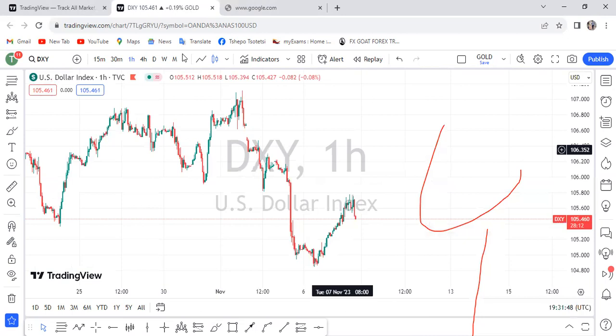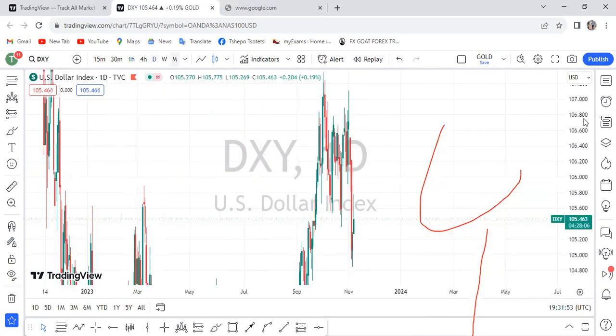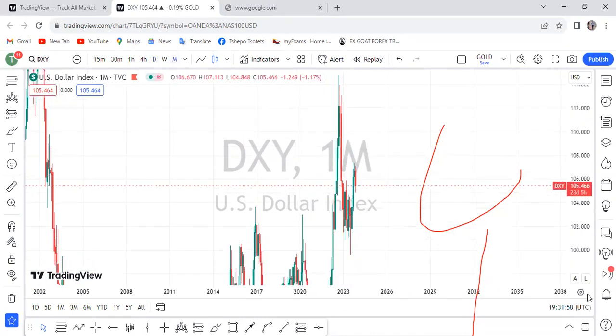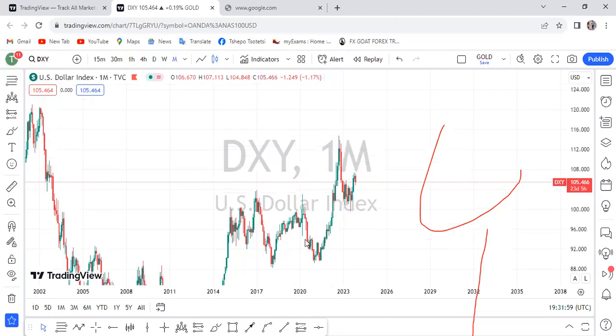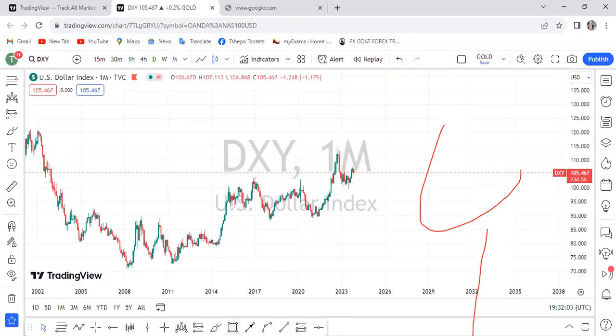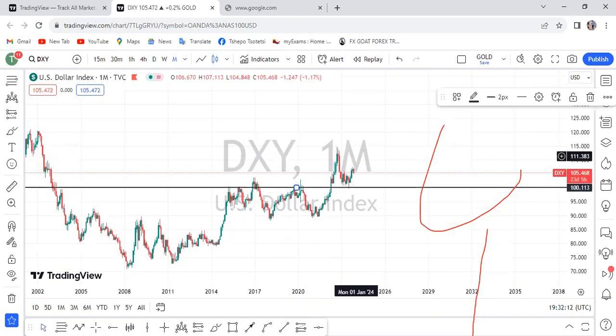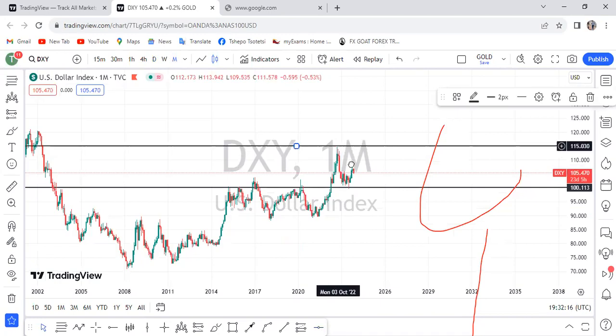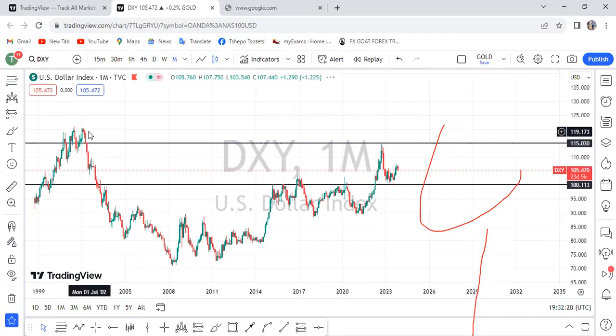Let's start with DXY. So with DXY, when I analyze, guys, I go on a monthly time frame because I want to see the bigger picture of where the market is going and where the market is coming from. So we can see now we have this level here whereby the market just retested and is kind of looking to push to this level, which it once did in around 2000.